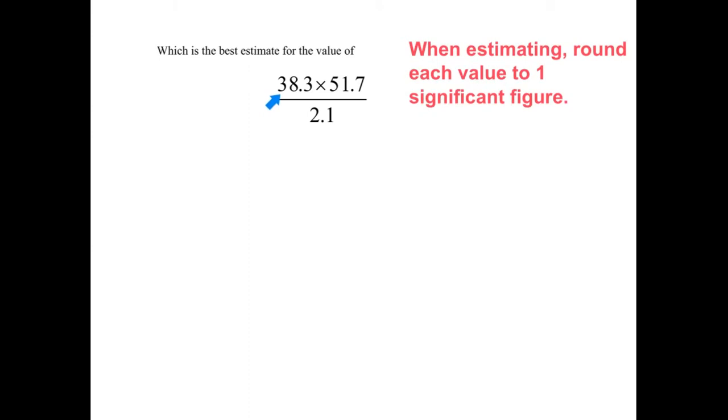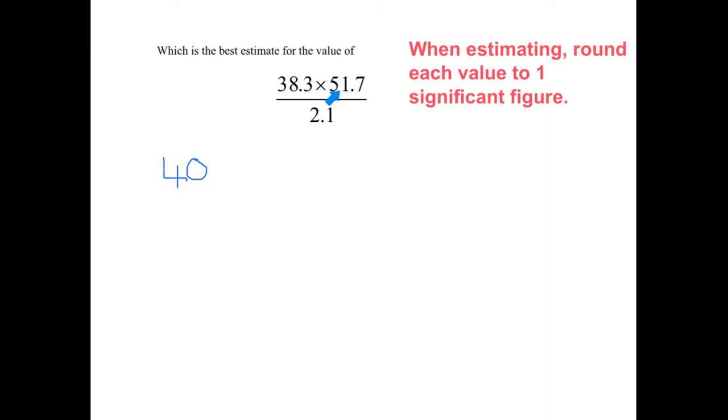So going back to this value here, 38.3, the significant figure is in the tens column, so we're going to round 38.3 to the nearest 10, and that means that it will round up to 40. In this second value here, we've got 51.7. The 5 is the significant figure, and that's also in the tens column.